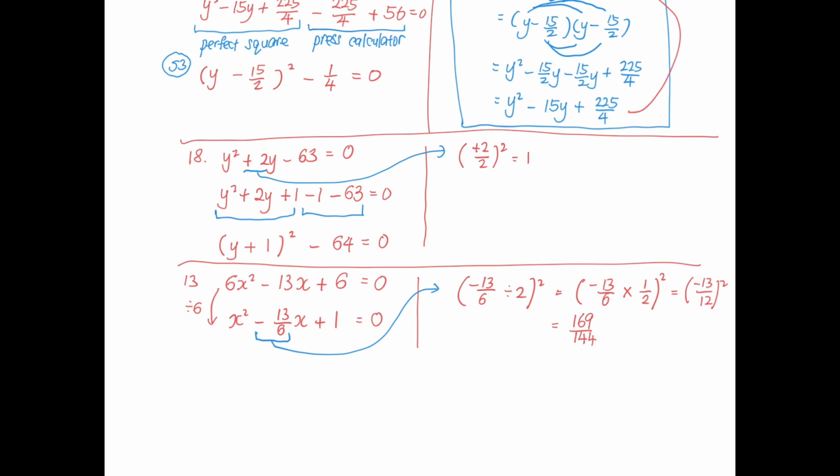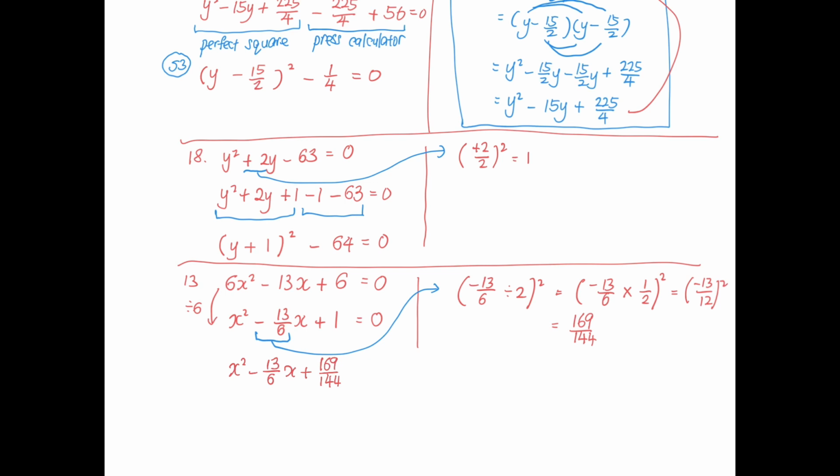So the number found here is the number that you need to add. You have to add it at the third position, as in the previous one, the third position and the fourth position. So let's do that here. x squared minus 13 over 6x plus 169 over 144.